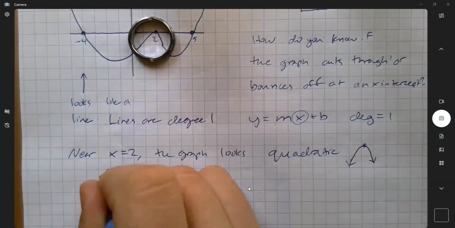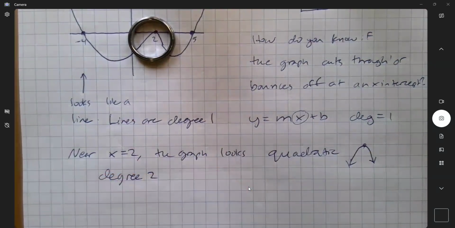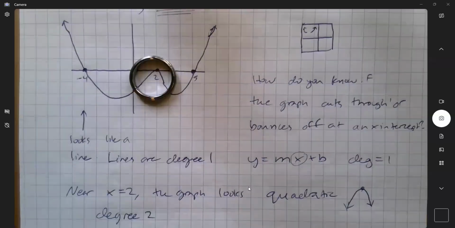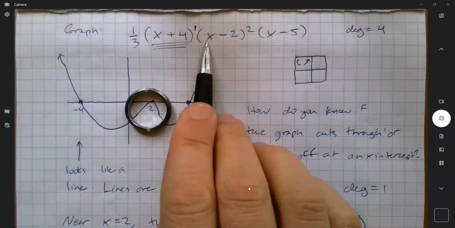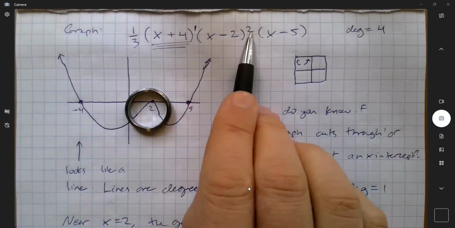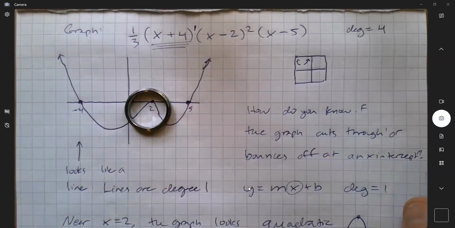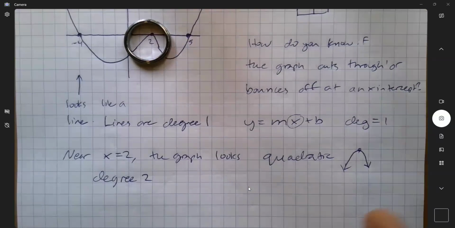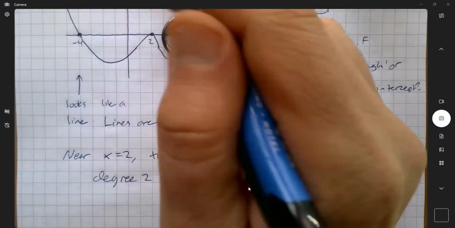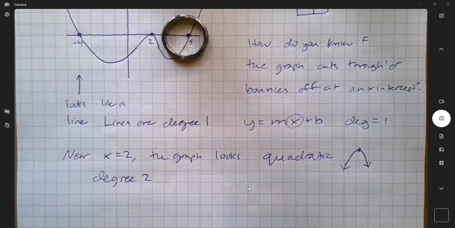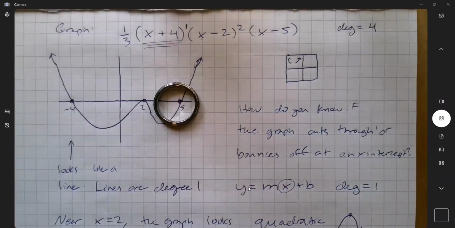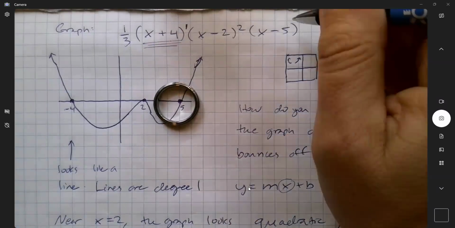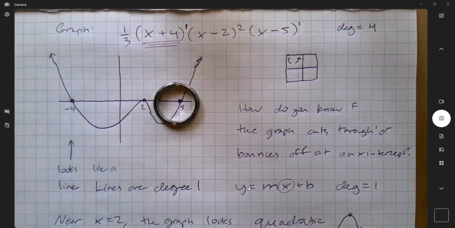And quadratic functions are degree 2. And sure enough, the factor on the x minus 2 is degree 2. And then we keep going, and we see that when it gets to x equals 5, it looks like a line again. Lines are degree 1, and that factor has a degree 1 up there.